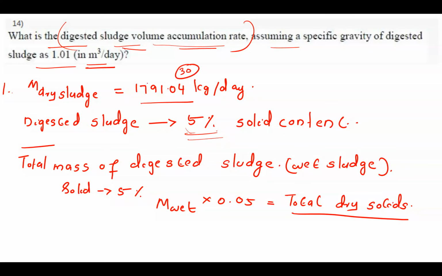The total dry mass is 1791.04. Now we can calculate the mass of the wet sludge.